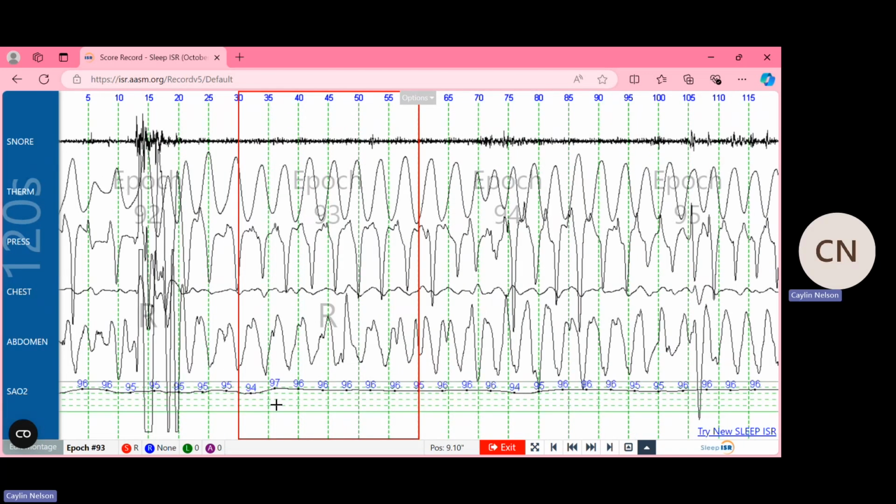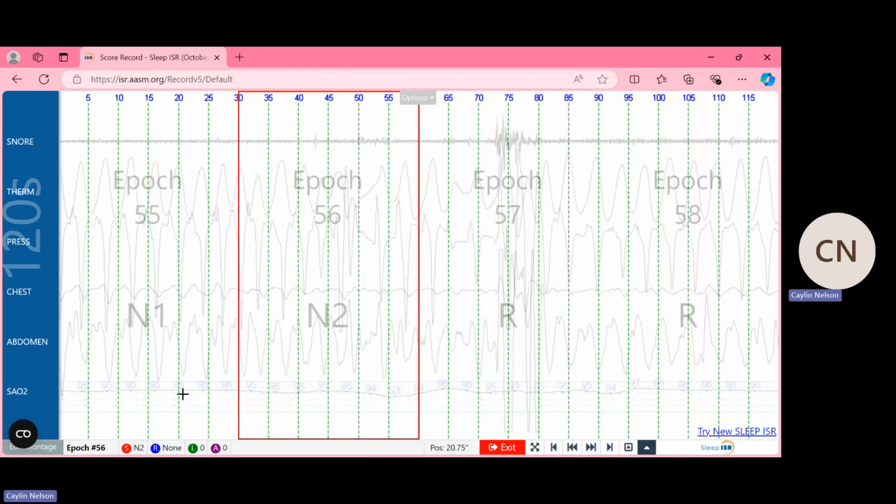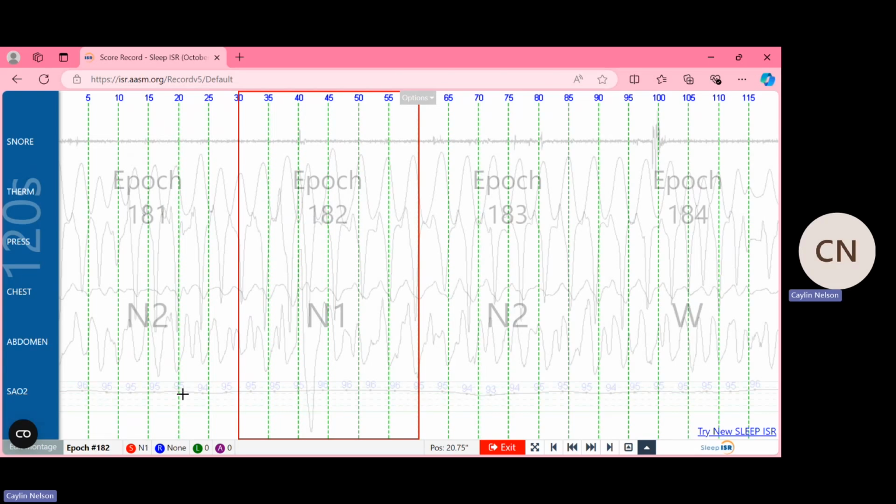So in ISR, when you're first given your montage, everything is kind of zoomed in already. So I'm going to go through and adjust everything. Let me get back to the epoch to start.